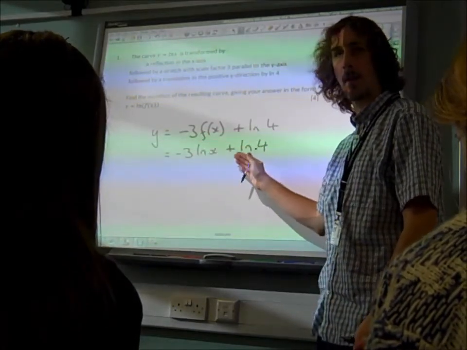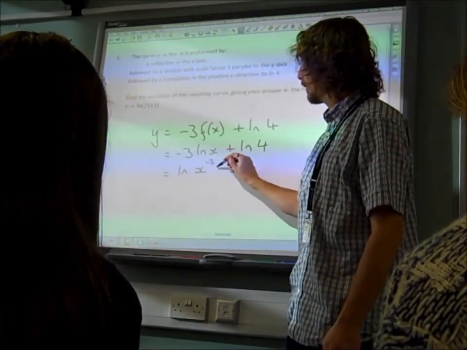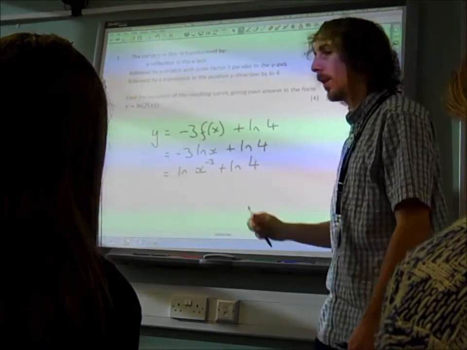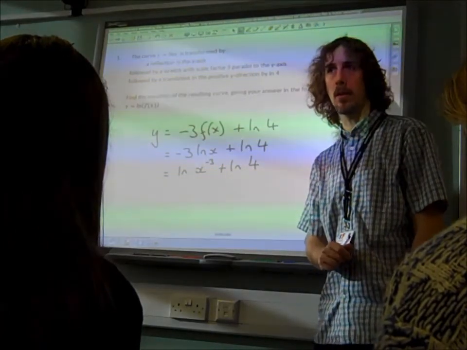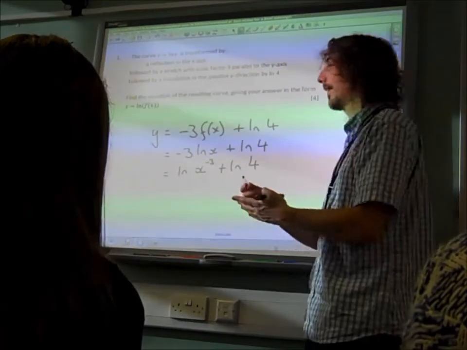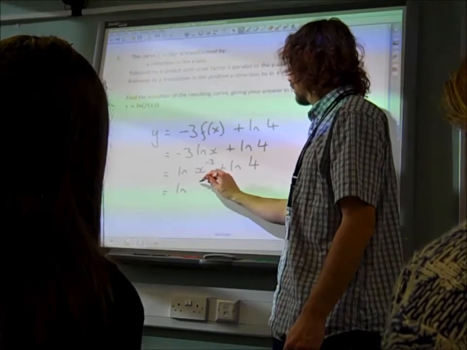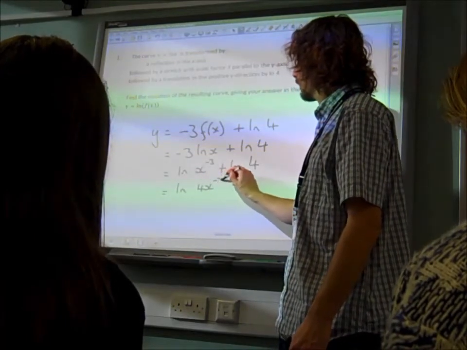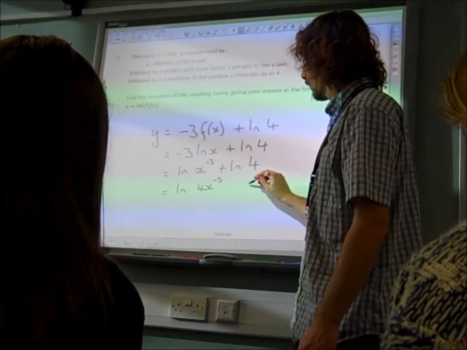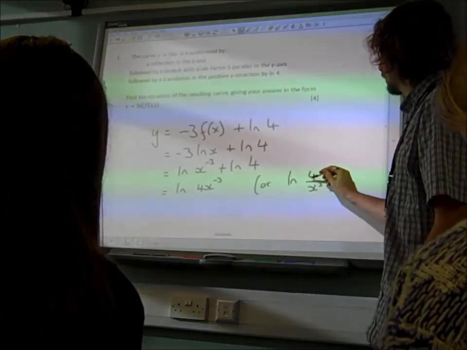So let's write this one as the natural log of x to the minus 3 plus the natural log of 4, because that's our third law of logarithms from our Core 2 poster. And then if we add these together, we're going to have the natural log of 4 times x to the minus 3, or if you want, the natural log of 4 over x cubed.